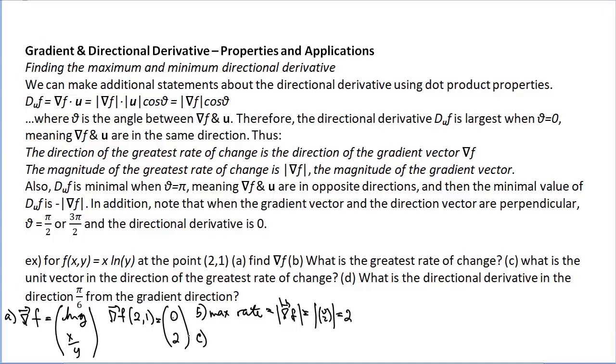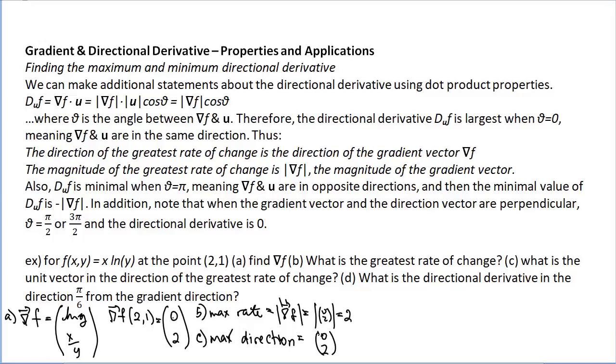And then what is the unit vector in the direction of the greatest rate of change? Just to abbreviate, I'll call that the maximum direction. So we know that the gradient vector points in the direction of the greatest rate of change, and that's <0, 2>.